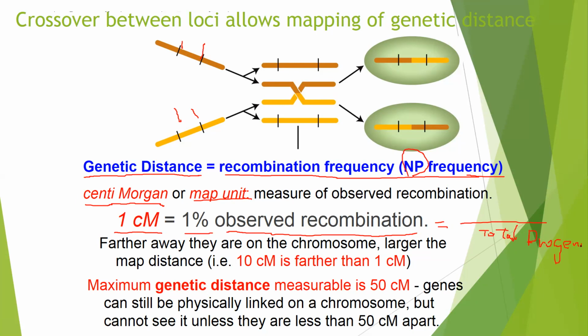In a test cross, you know the sample size, right? The total number of the progeny will be the sample size. You put that total number of the progeny in the denominator, and in the numerator, out of all the progeny, how many represent the recombinants, the number of recombinants.